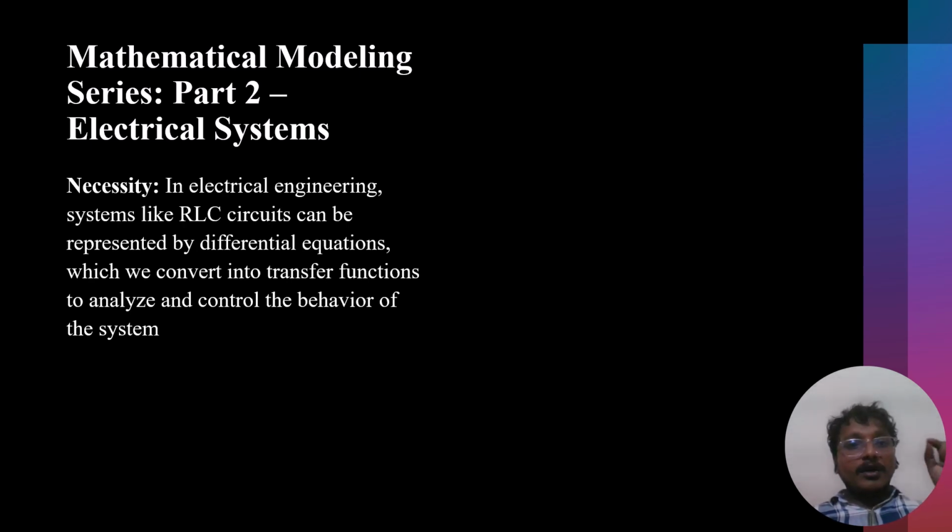Now we need to understand the necessity of the mathematical model for the electrical system. In our electrical systems, all the elements and equipment are considered as resistance, inductance or capacitance. Those are the primary elements, and we call them RLC circuits, which are represented by differential equations.